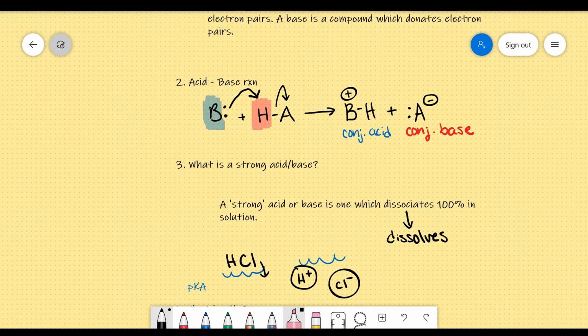Now, an example of a weak acid is hydrofluoric acid. Hydrofluoric acid is actually very dangerous, but it's not a strong acid, so it's not going to dissociate. Instead, we're going to have in solution some separated H plus and F minus, but the majority of it is actually going to stay together as a solid, right?